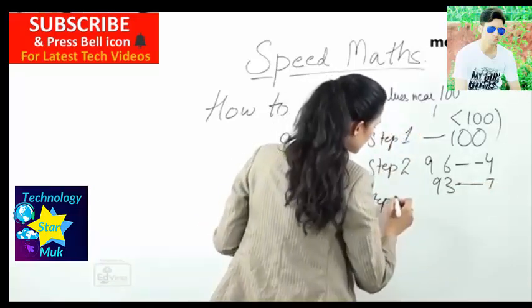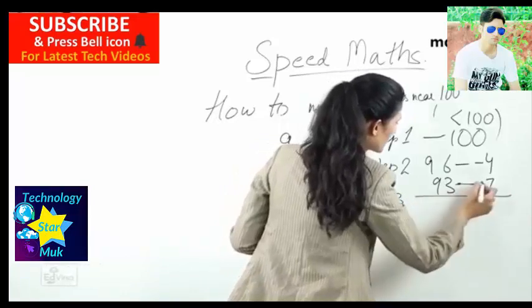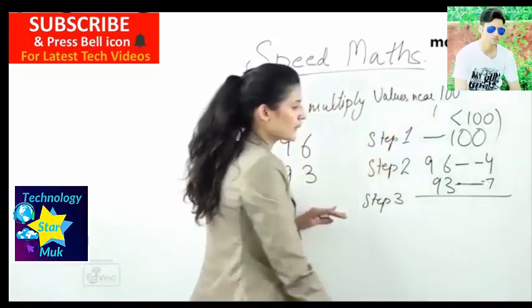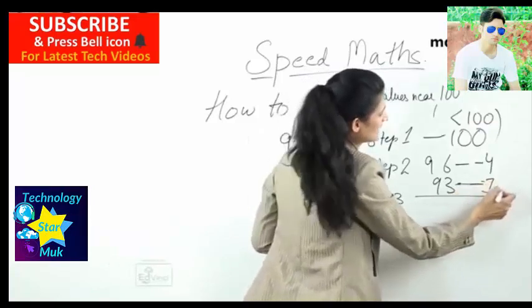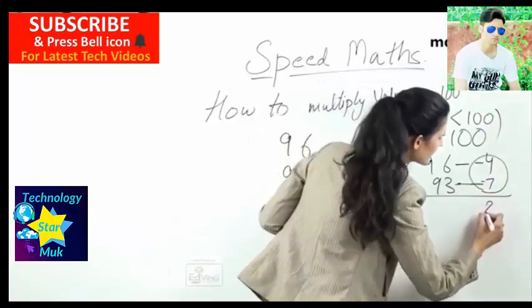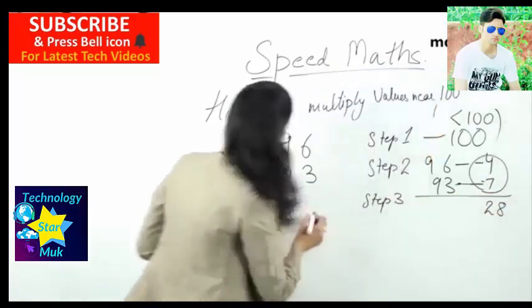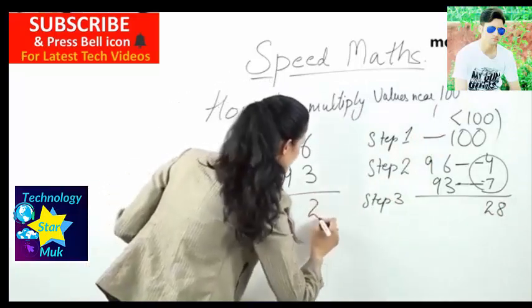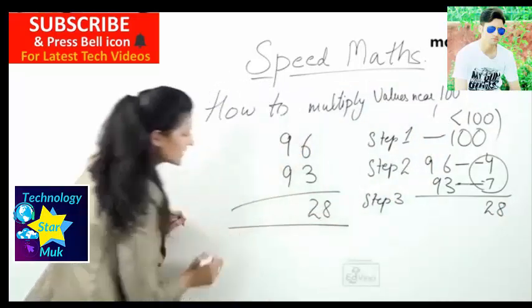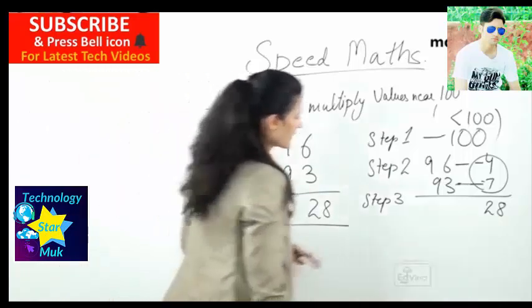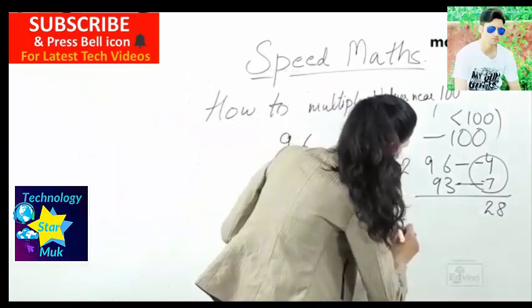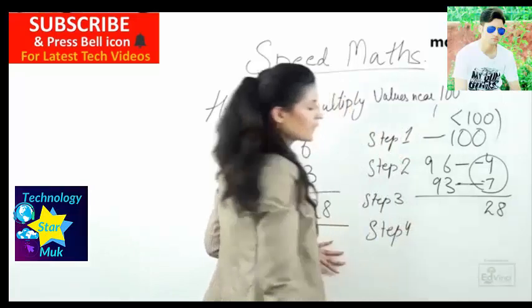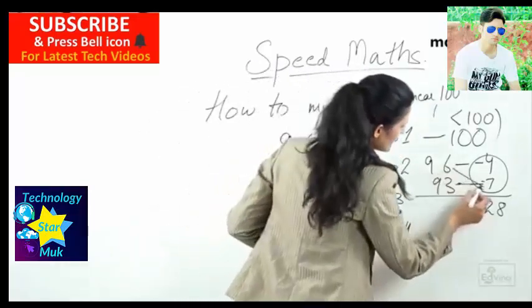Step number 3. In step number 3, we are going to multiply the differences, which is 28, and we will write it here. So these are the last 2 digits of our answer. Now move to step number 4, where we have to do the cross addition.